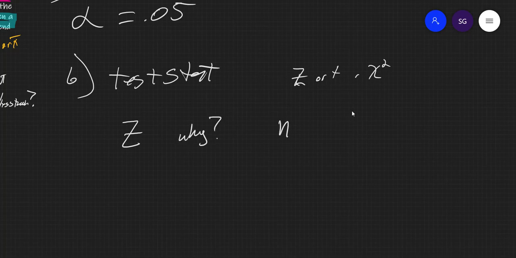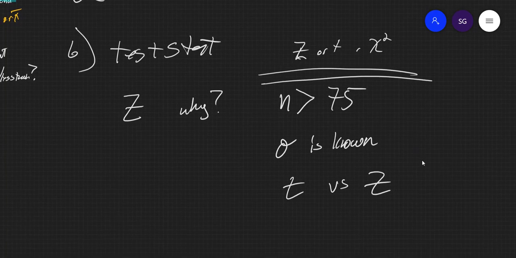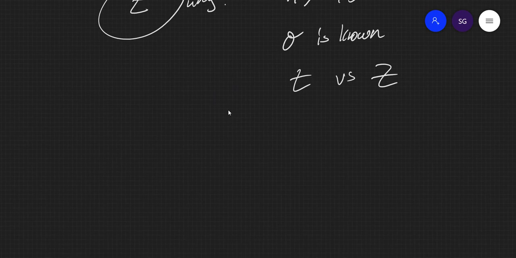Because the total number of samples in my sample size is greater than 75, and because sigma is known. There are a couple of other videos out there that talk about when we choose a t versus a z. That's chapter 9 stuff. So if you go back to stats 1, make sure you understand why we're using a z here as opposed to a t.